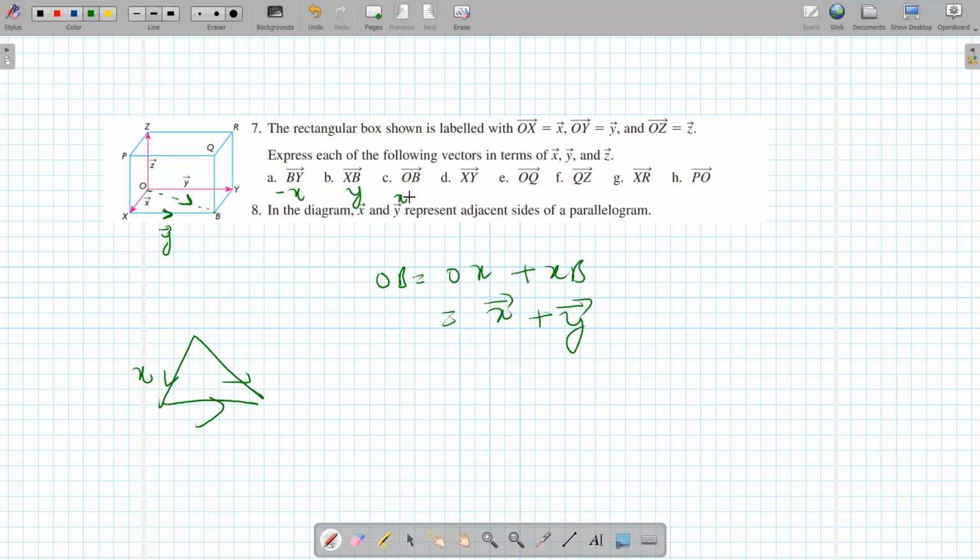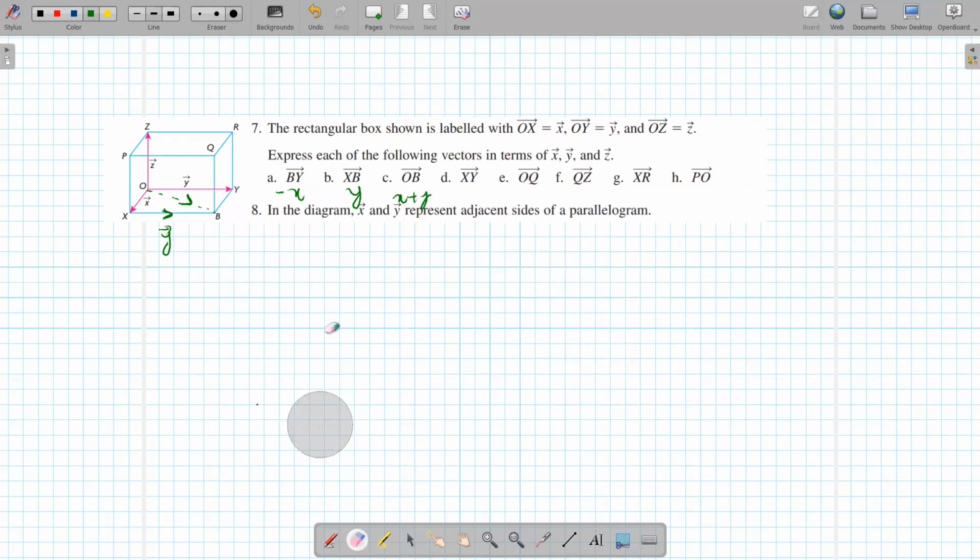So therefore, OB is X plus Y. What about XY? Which is this vector here. Will be something plus something. Y plus negative X. Yeah, that's good. Y plus negative X would do it.